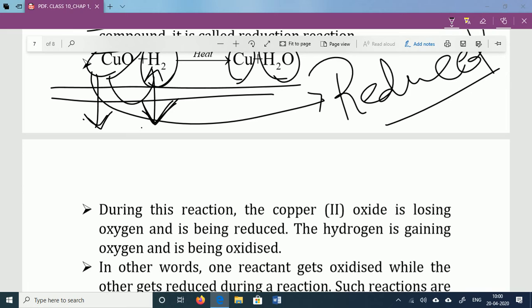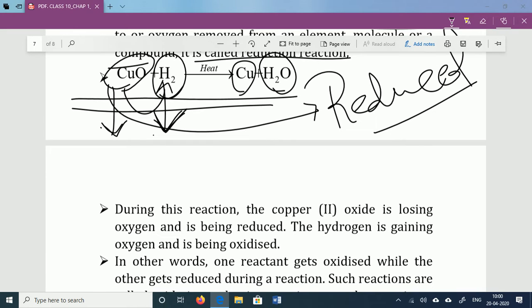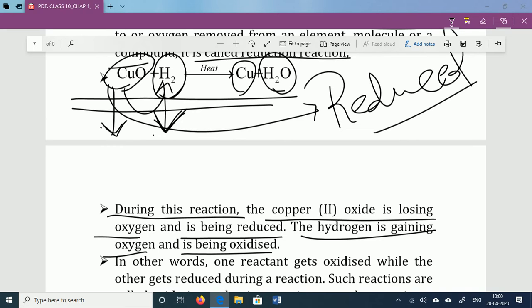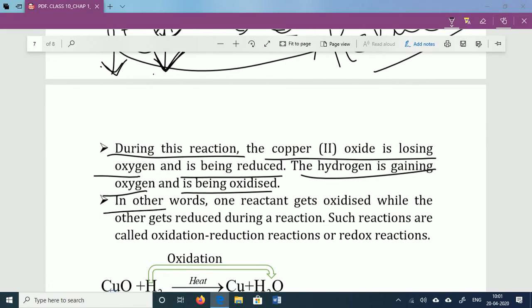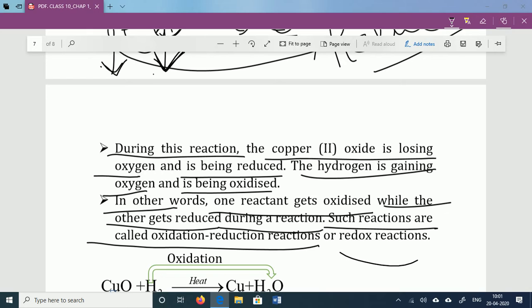During this reaction, the copper oxide is losing the oxygen, so it is being reduced, and hydrogen is gaining the oxygen, so it is being oxidized. So in a simple way we can say that one reactant gets oxidized while the other will definitely be reduced during the reaction, and such reactions are called oxidation reduction reactions, also called redox reactions.